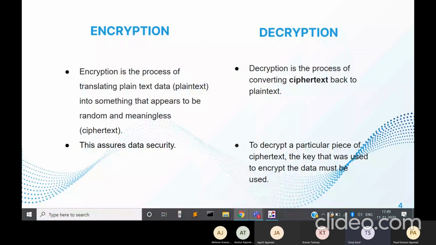At the receiver side, this message is again decrypted back to get the message again. Now, encryption and decryption assure data security. Now, we generally use a key to encrypt the data, and then we use another key to decrypt the data.